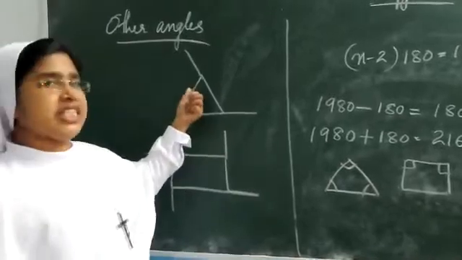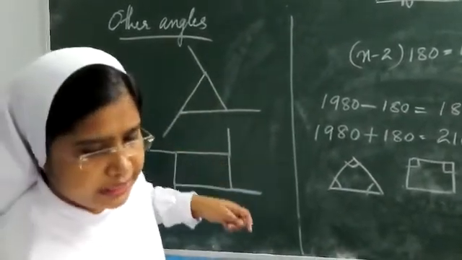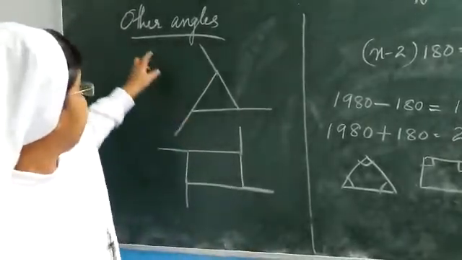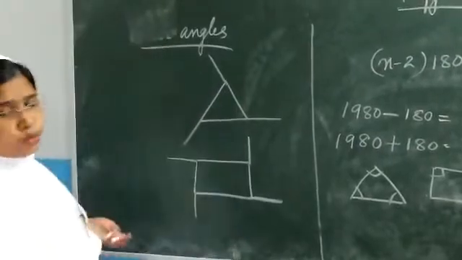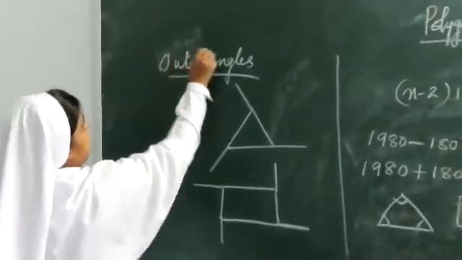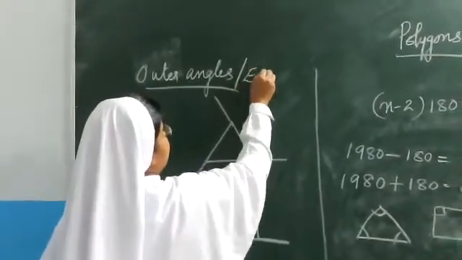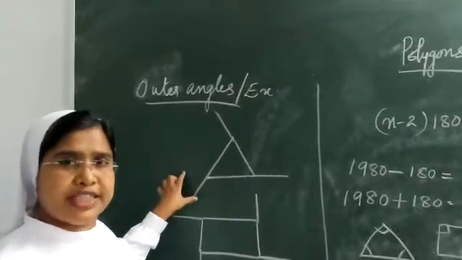Now the exterior angles. It is in the textbook, you can see: not other angles, outer angles, or exterior angles. So that is what we are going to see here.